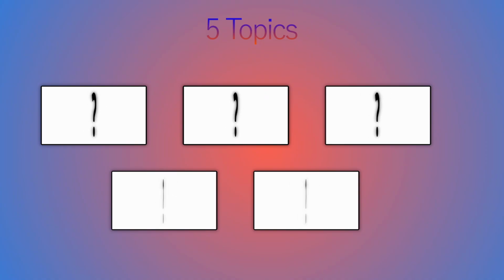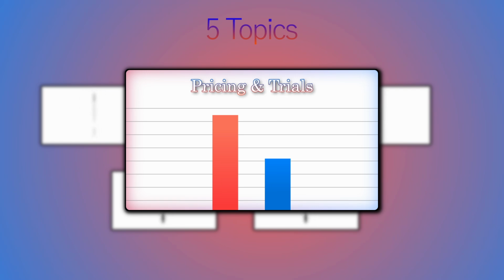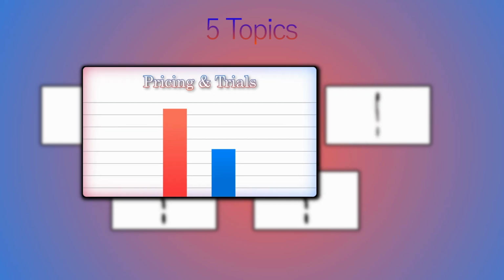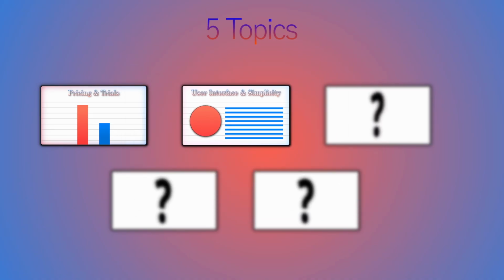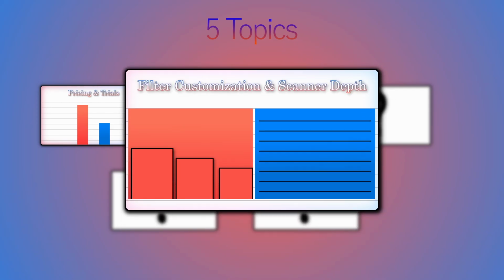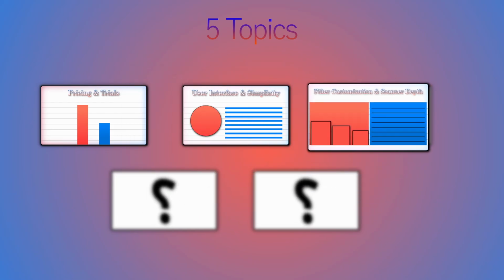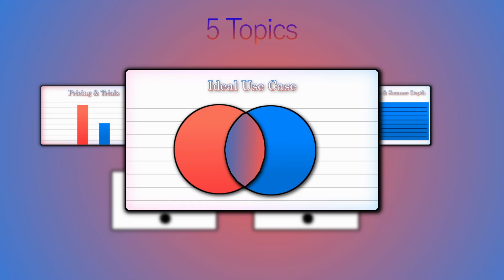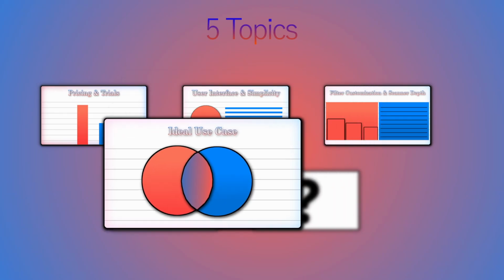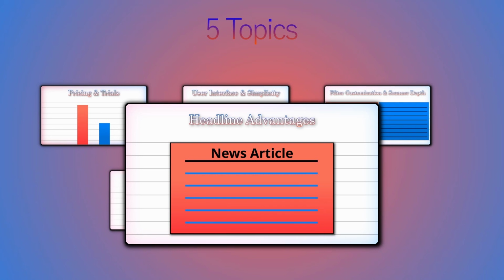So for this video, we are going to be hitting 5 key topics to see what scanner comes out to the best. The topics are price and trial, how much does it cost and how long do you get it tested out for before you have to start paying; user interface and simplicity, how simple is it, can you understand it if you're a beginner trader, how easy is it to get started; filter customization and scanner depth, a deep dive on the scanner itself and the customizations they have to offer; ideal use case, who is this scanner for and who would most benefit from using it; and of course, headline advantages.